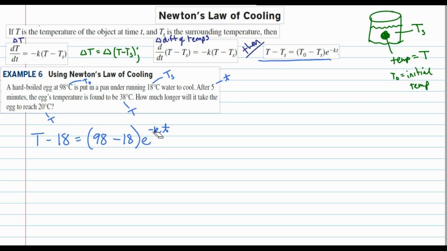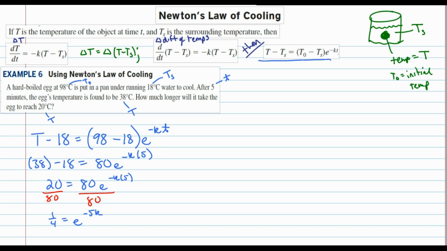So I'm going to use the given information, the initial value kind of, where at time 5 the temperature of the egg was 38 degrees Celsius. So I'm going to plug that in. And now I've got to solve for k. So I'm going to simplify, divide both sides by 80.